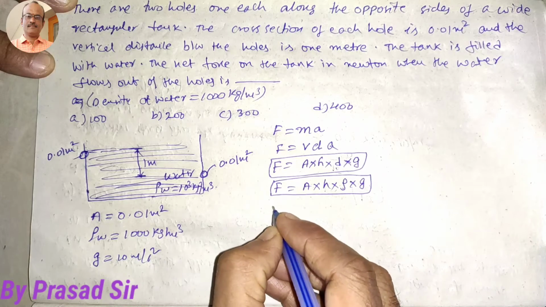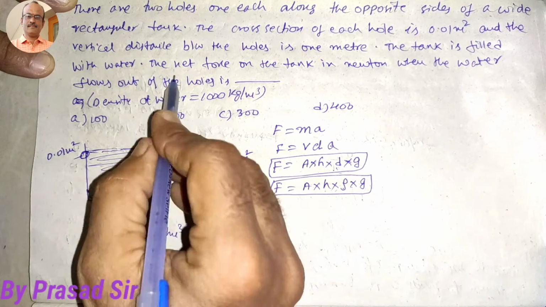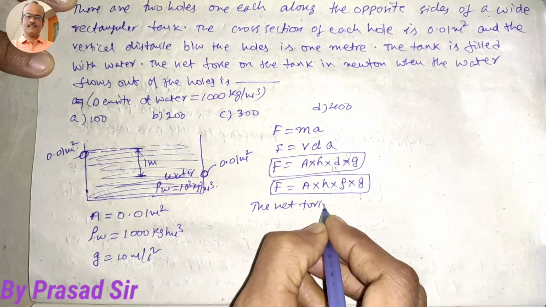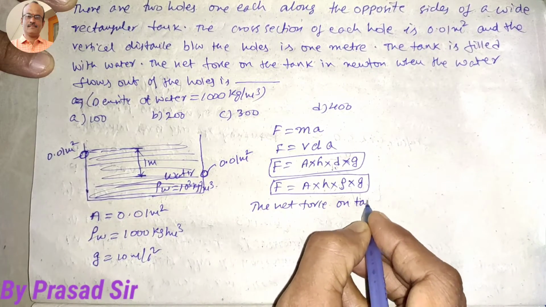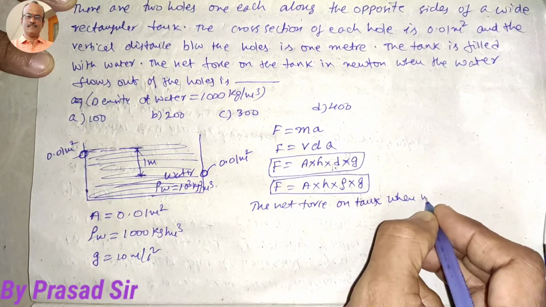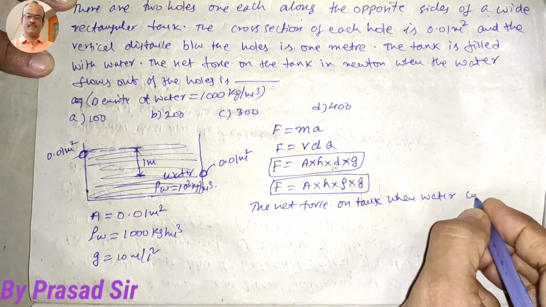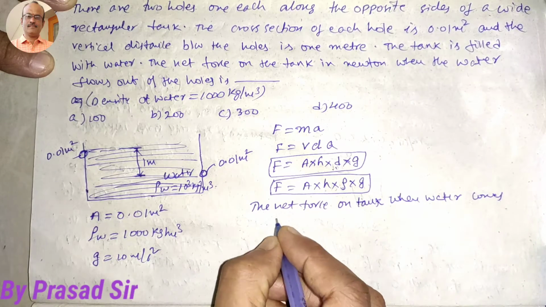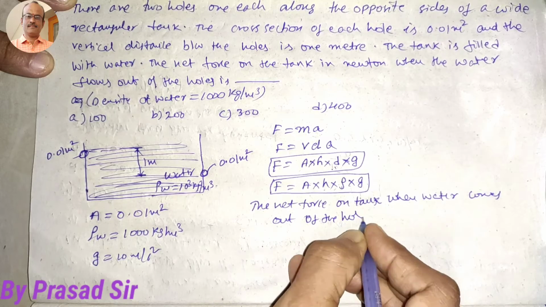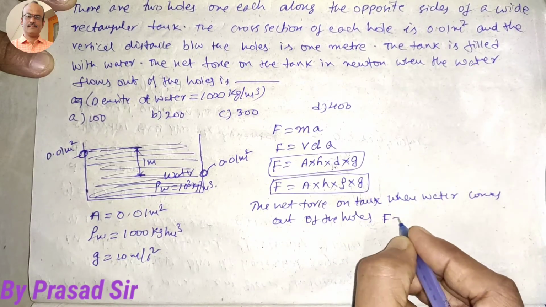But which one do we want to calculate here? That is the net force on the tank when water comes out of the holes. F is equal to what?